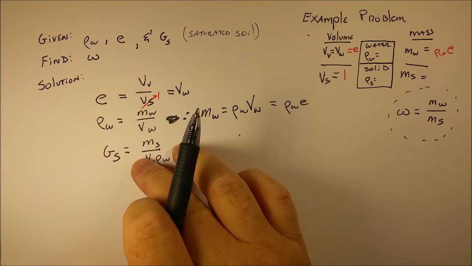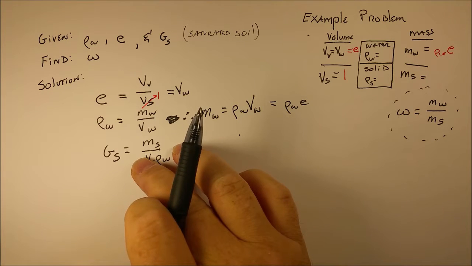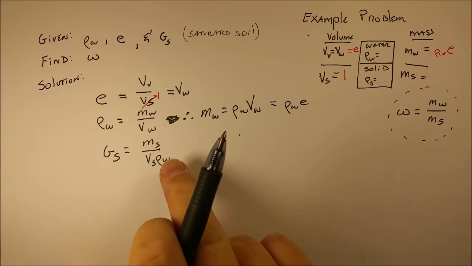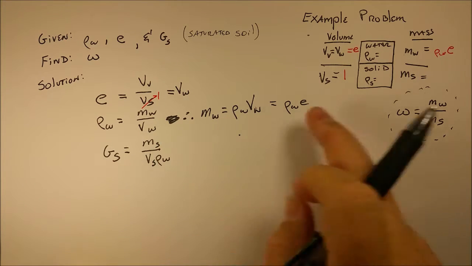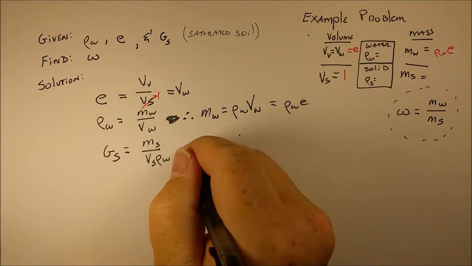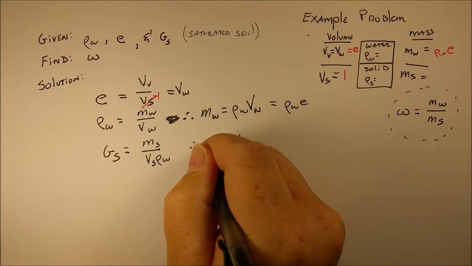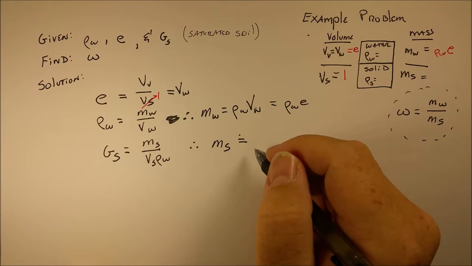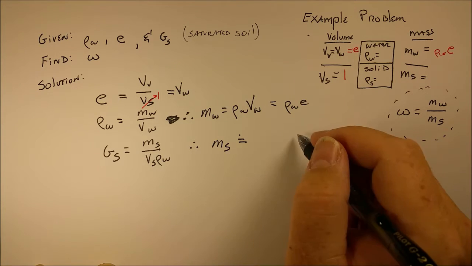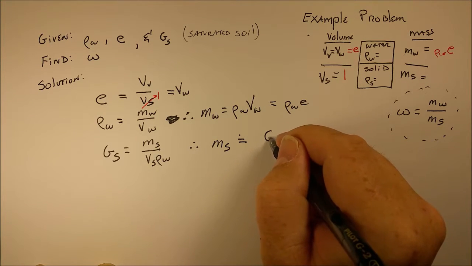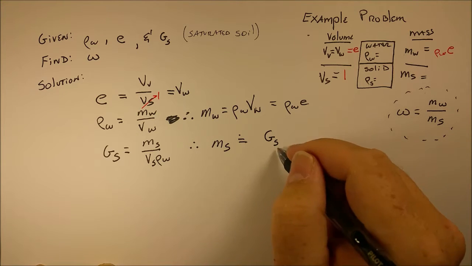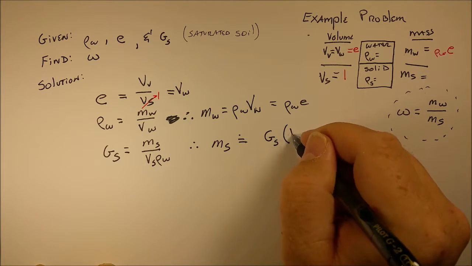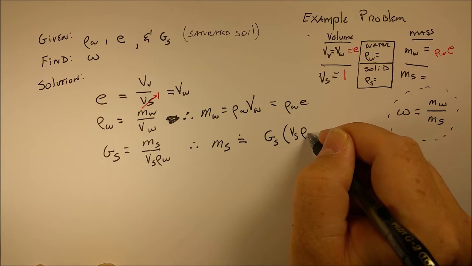So what you can then do is divide through, and you're going to quickly find out that when you have the mass of the solids here, that is what we're trying to get to over here. So therefore, your mass of solids is going to be equal to G sub S, which is your specific gravity, multiplied by V sub S times the density of water.